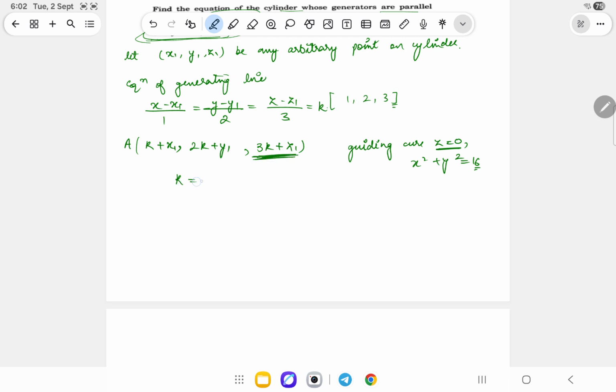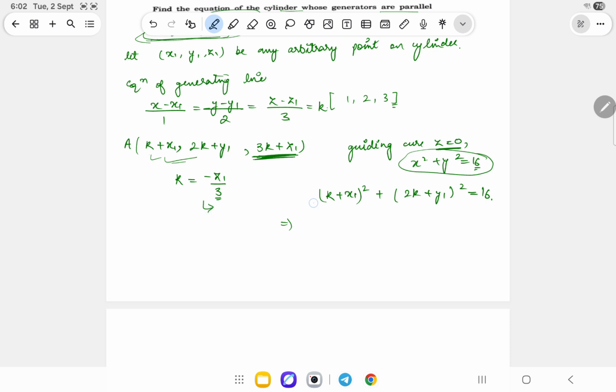If I do so, I will get k equals minus z1/3. And the x and y ordinates must satisfy the curve, because the generating line is intersecting the guiding curve. Using that, I'll get (k plus x1) square plus (2k plus y1) square equals 16.